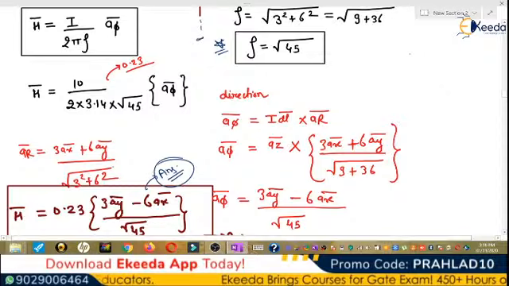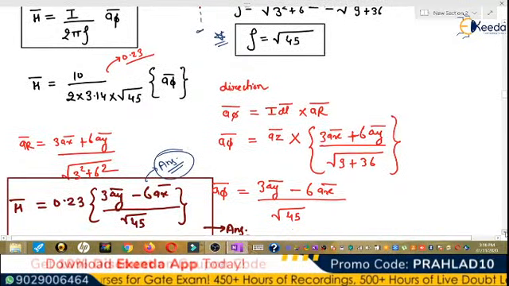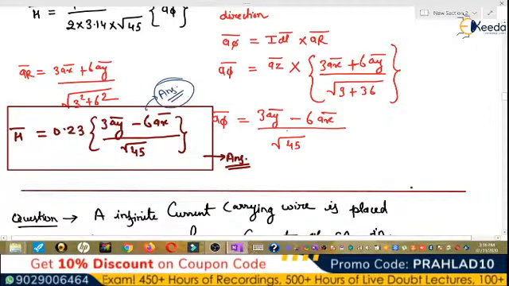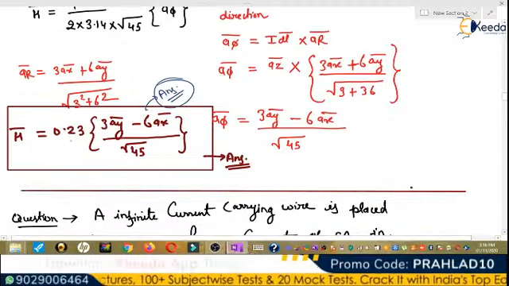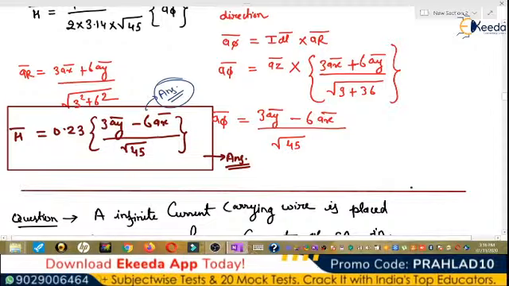So this AR vector is 3 AX plus 6 AY by under root of 3 square plus 6 square. So A phi vector is AZ cross AR, which is 3 AY vector minus 6 AX vector by root 45. So this answer comes as 0.23 times 3 AY minus 6 AX by root 45.